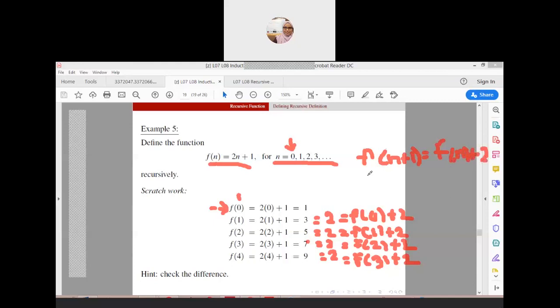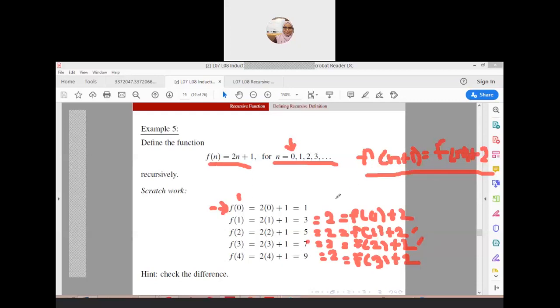This is the recursive definition. How to find f(2)? f(n+1) is f(2), which means our n is 1. So f(2) is equal to f(1) plus 2. Just replace it, then we get this. To find f(3) is equal to f(2) plus 2, then we get this.